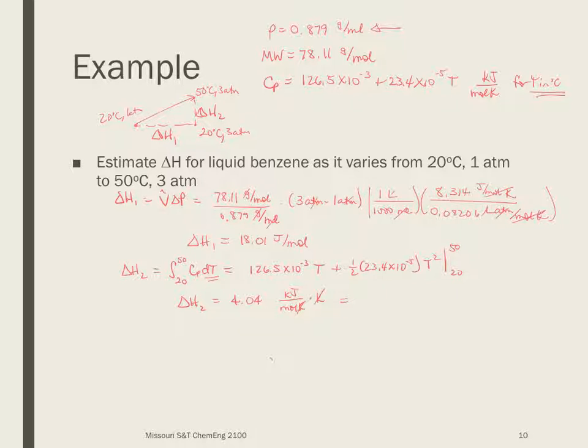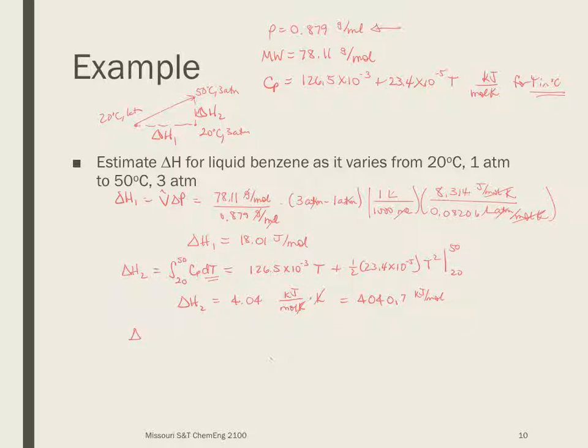If I want joules per mole to match the other, I multiply by 1,000, giving 4040.7 joules per mole.